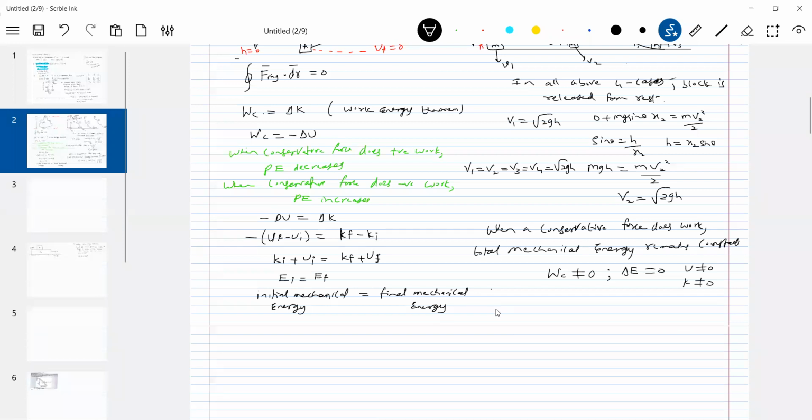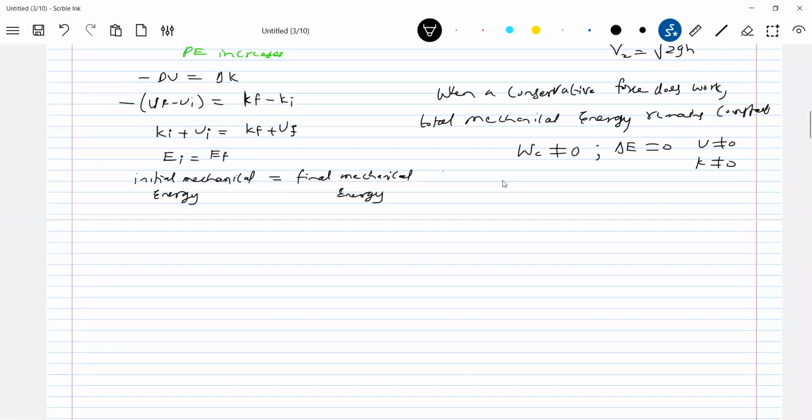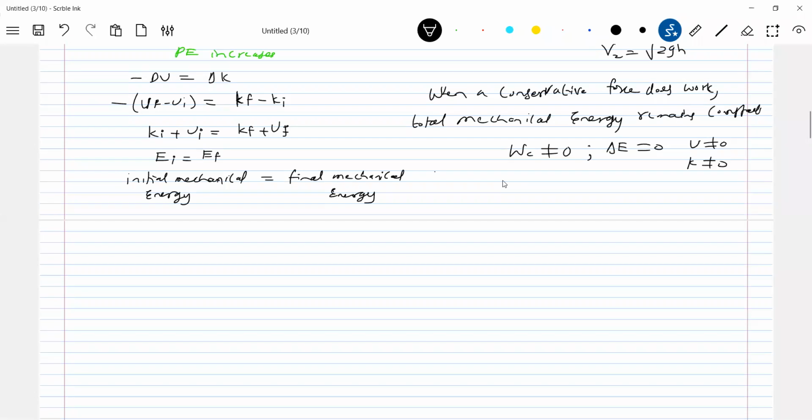This is the basic governing principle for us in physics, whether a given question is correct or wrong, whether what you did is right or wrong. You can take help of this one. So when a conservative force does work, total mechanical energy remains constant.